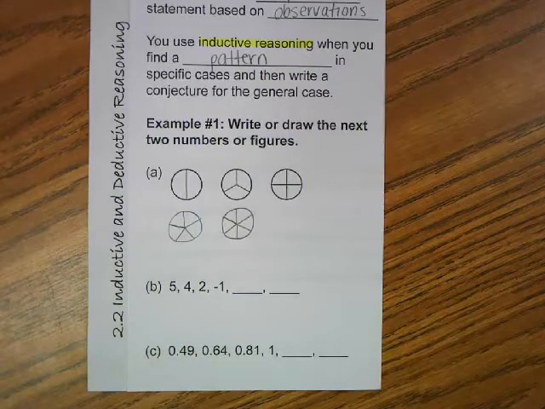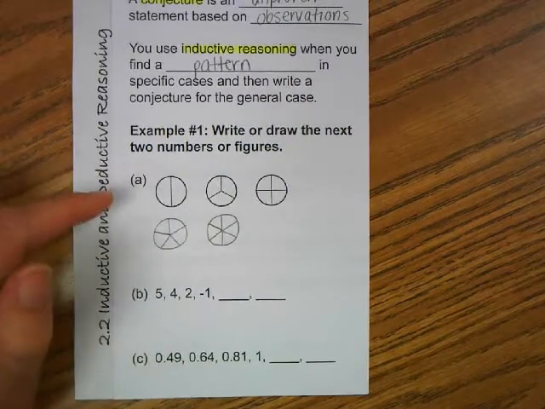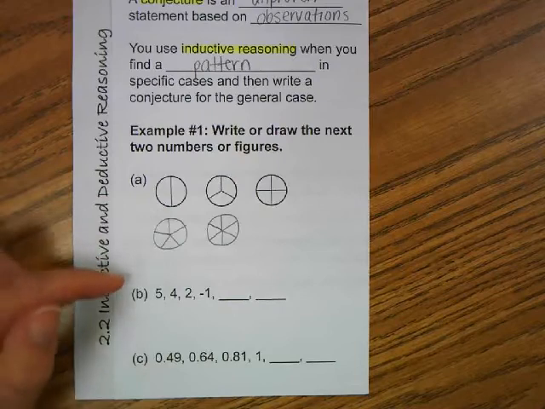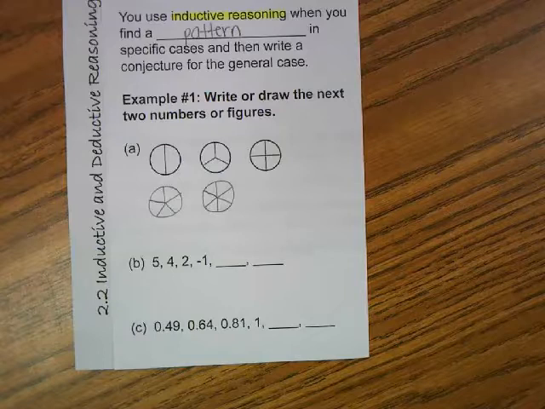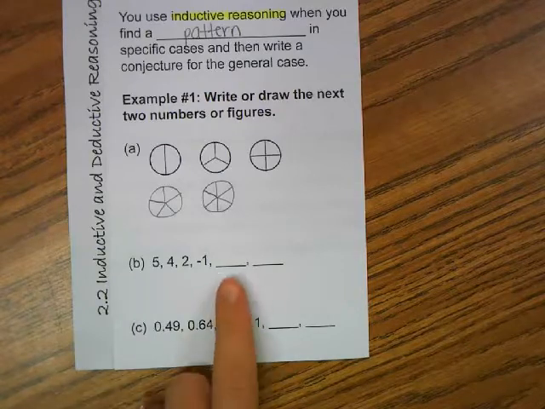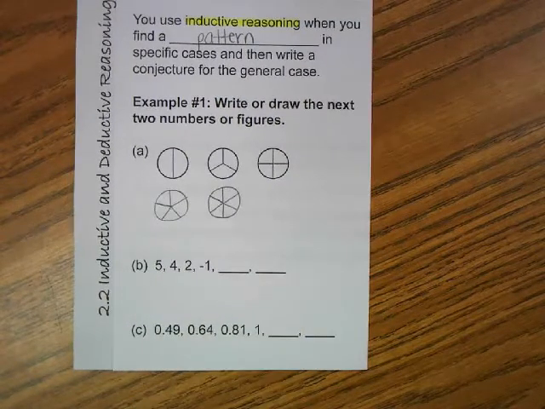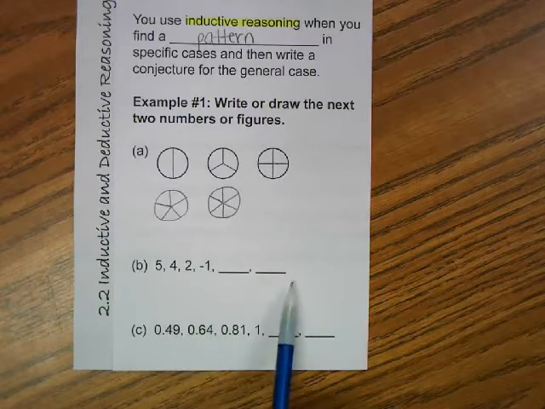So that's more of a geometric pattern. Parts B and C are numerical patterns. So you have to take a look at what's happening in order to get the next two terms in the pattern. So you have 5, 4, 2, -1. As you can see, the numbers are decreasing.